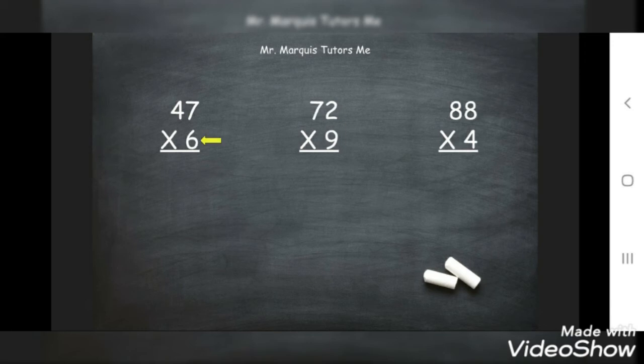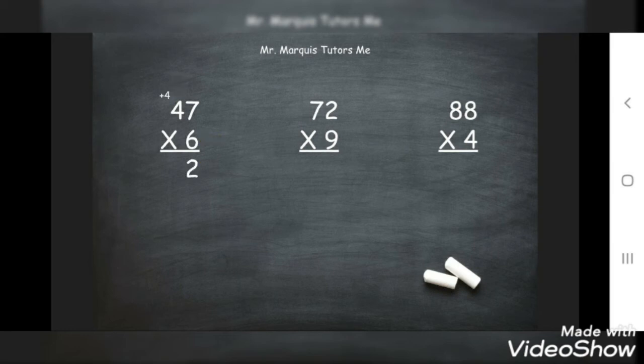Now, when I'm multiplying, I take this single digit, the one that's by itself, and I multiply it by the ones place, put the answer down, and then I multiply it by the tens place and put the answer under that 10. So 7 times 6 is 42.